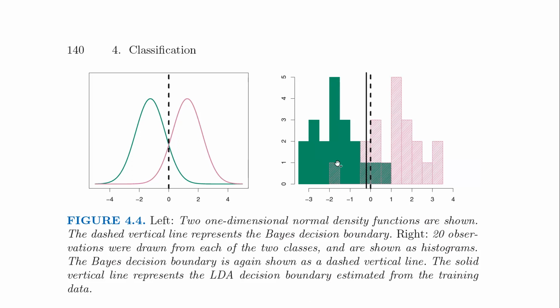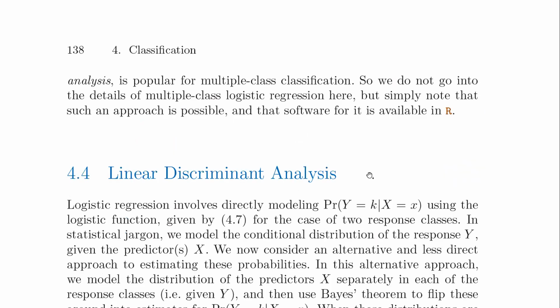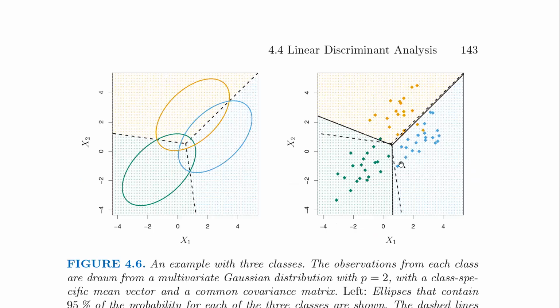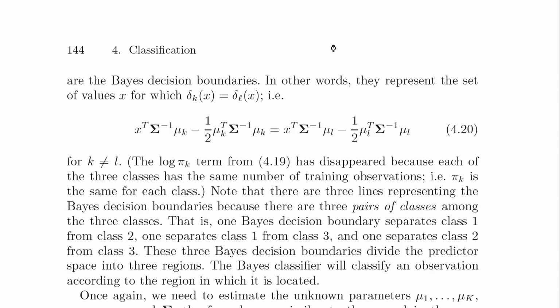It misclassifies this pink one as a green, and it misclassifies these greens as pink. Same kind of thing over here, where you're misclassifying this green one, and these orange ones or these gold ones.